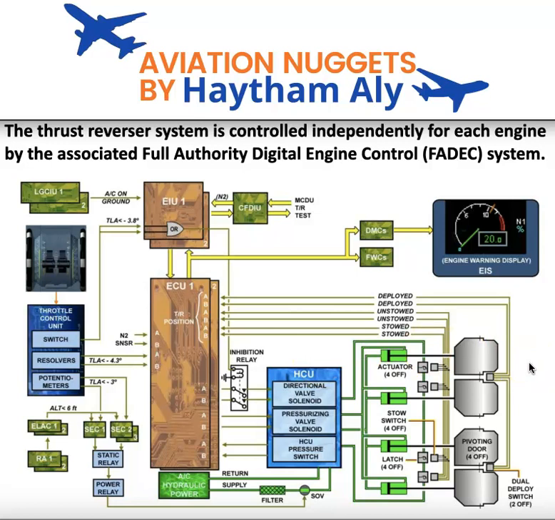Okay, everybody. So, for the thrust reverser system of the CFM56-5B engine, we have 4 pivoting blocker doors on the engine C ducts, 2 pivoting blocker doors on each C duct.